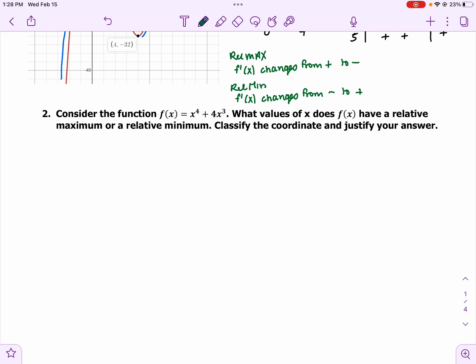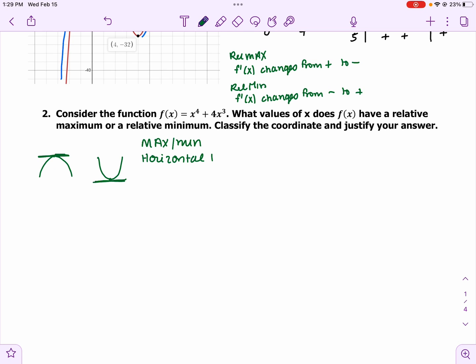Now, if we recall from our conversations, it's where the derivative changes signs from either positive to negative or negative to positive. So if you want to have a relative maximum or a relative minimum, either way, notice your tangent line at those points is going to be horizontal.